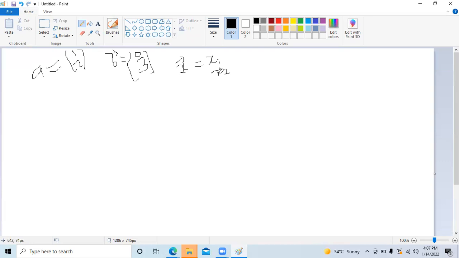I'm trying to prove to you that I can get any X1, X2, any vector X or any vector C, by adding some linear combination of A and B.